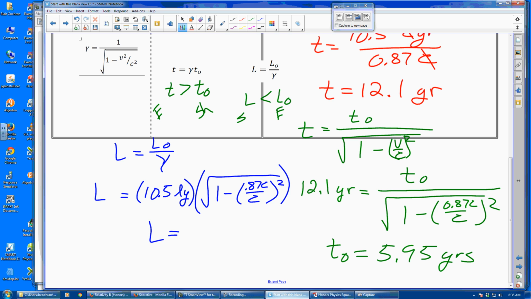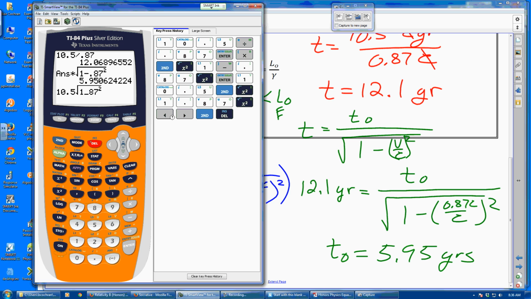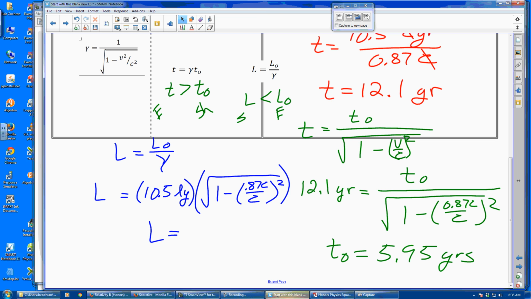So the distance that the ship actually measures its travel is 10.5 times the square root of 1 minus 0.87 squared. Oops, missed that minus. Second, insert minus, enter. 5.18 light years.